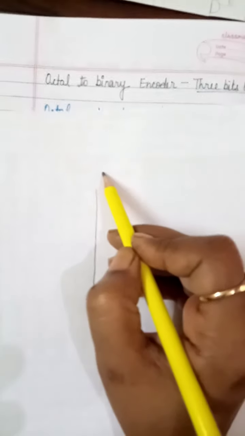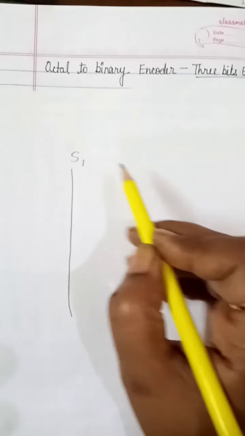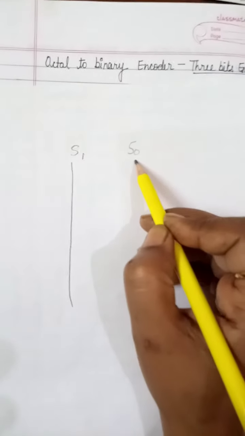This is the table, and how to make the diagram? For two input lines, you will be making one line S1 and S0, the second input line.